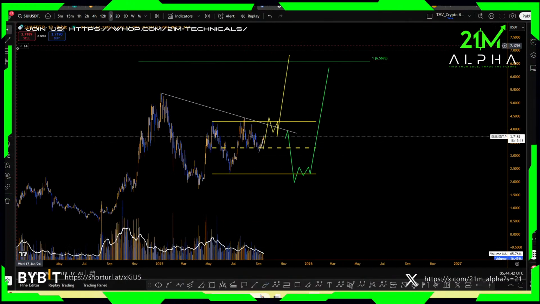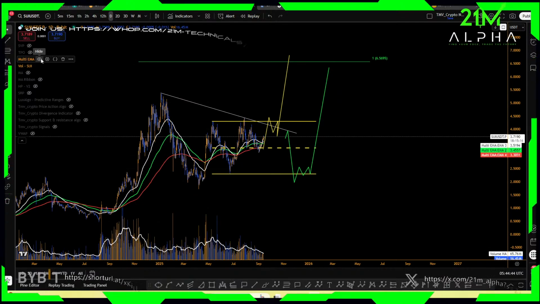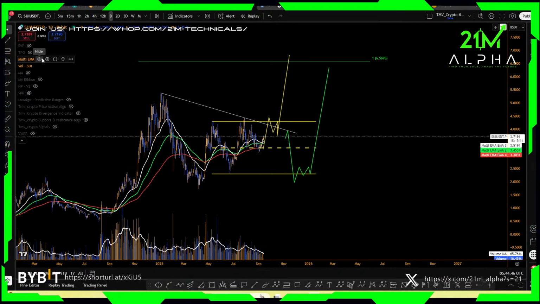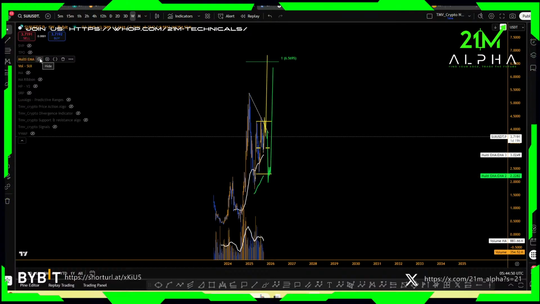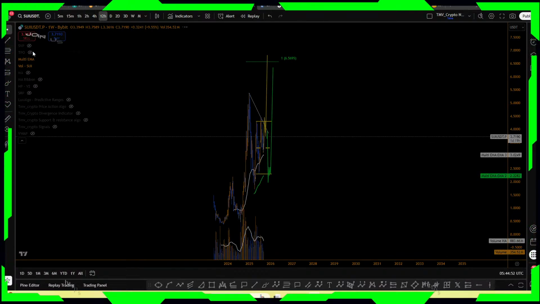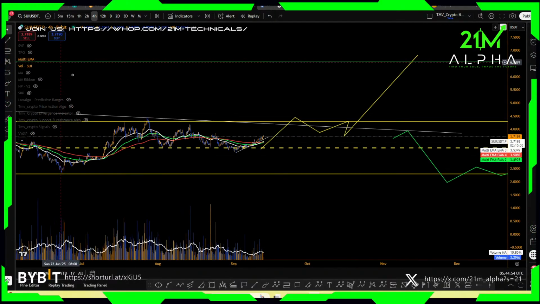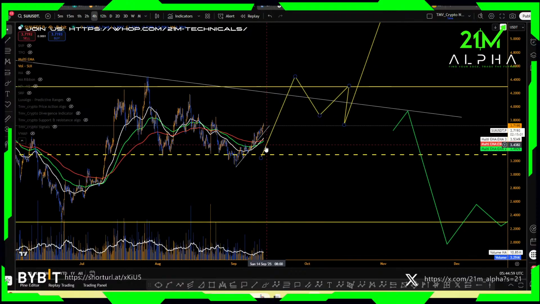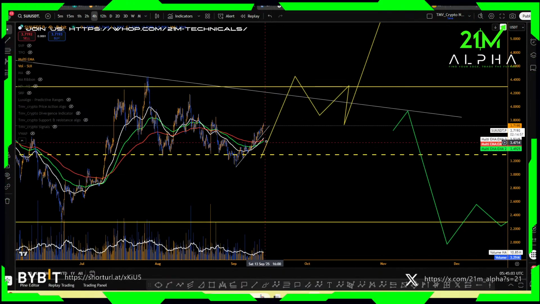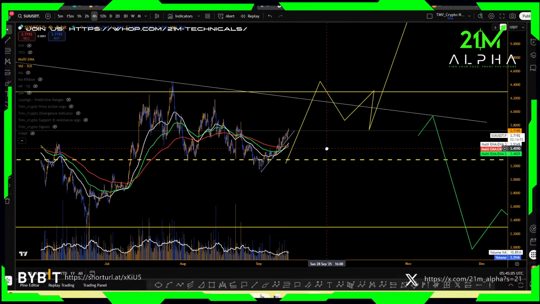If you look from the EMA perspective, the EMAs are bullish as well. The daily EMAs are bullish. The weekly EMAs are bullish. I don't normally look at the 12-hour, but the 4-hour EMAs are having a golden cross. As you can see, 50 crossing 200, and soon 100 will be crossing 200. It's a good sign.